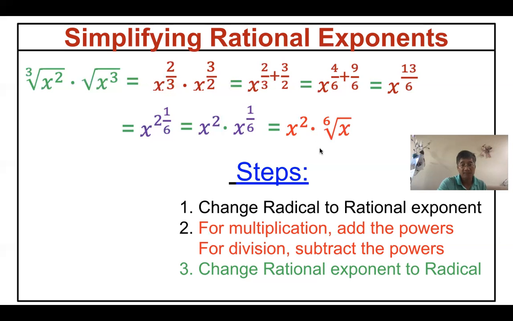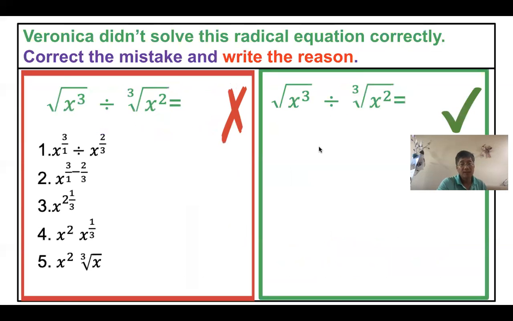Everybody understand? So let's try with error analysis. Can you find out which step is an error? And can you correct the mistake? So Veronica did this 3. She converted this radical form into the rational exponent, right?